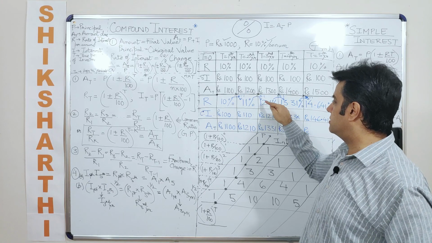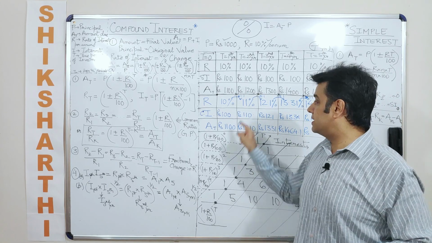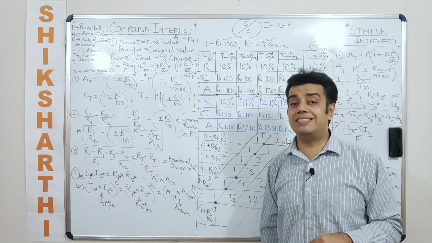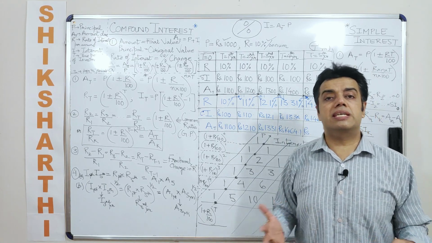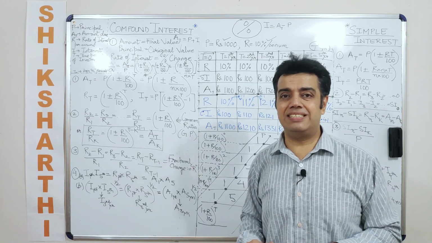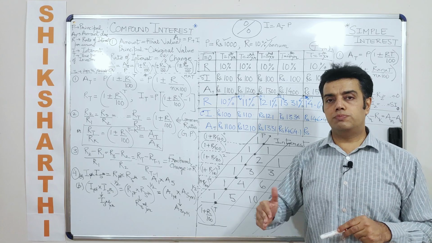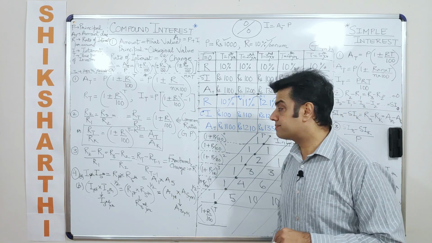The common ratio here is 1.1. So when I divide this by this, this by this, this by this, you get the same common ratio, which is nothing but the geometric series, resulting into geometric progression. Progression means to progress, which is appreciation.